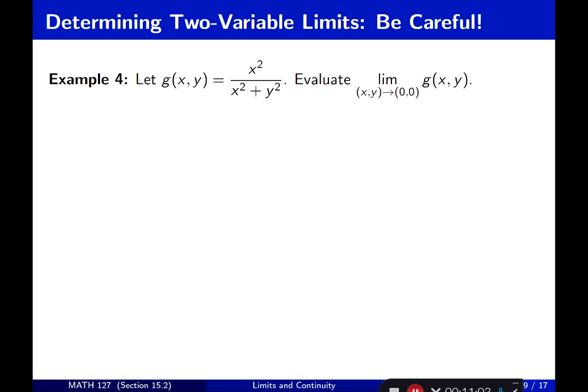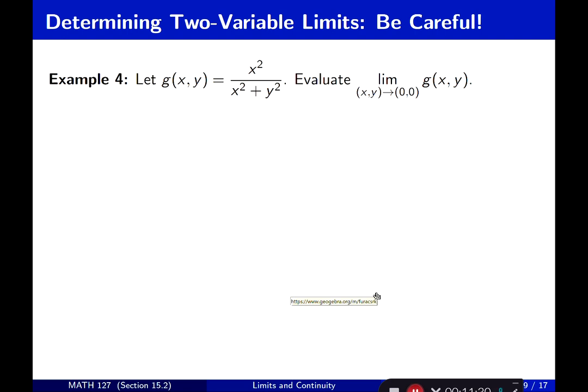Just that. So let's say example 4, g of x and y equals x squared over x squared plus y squared, and evaluate the limit as x and y approach 0 and 0 of g of x and y.